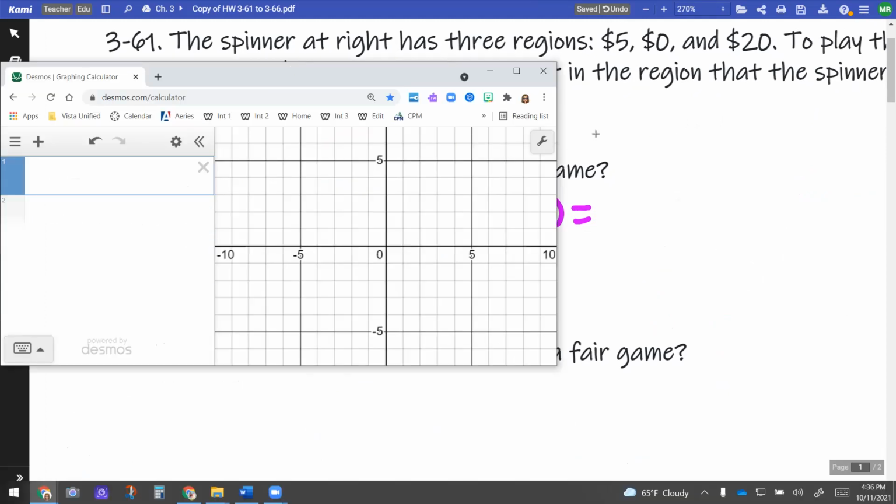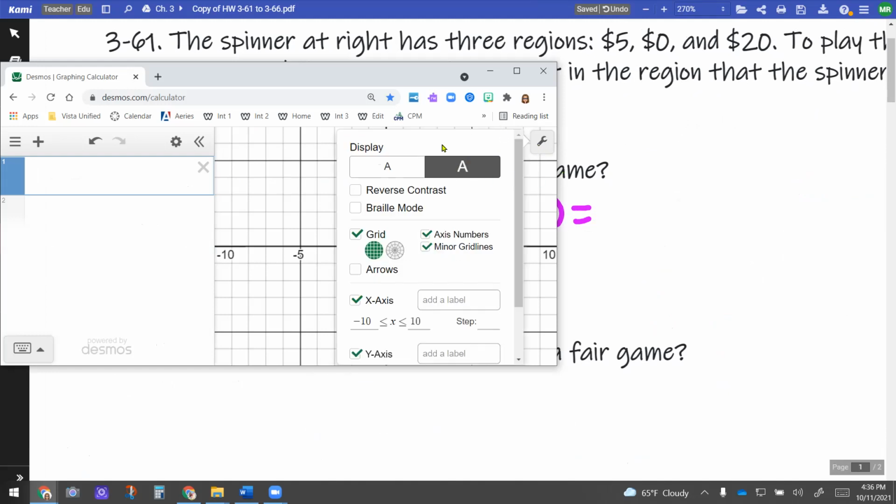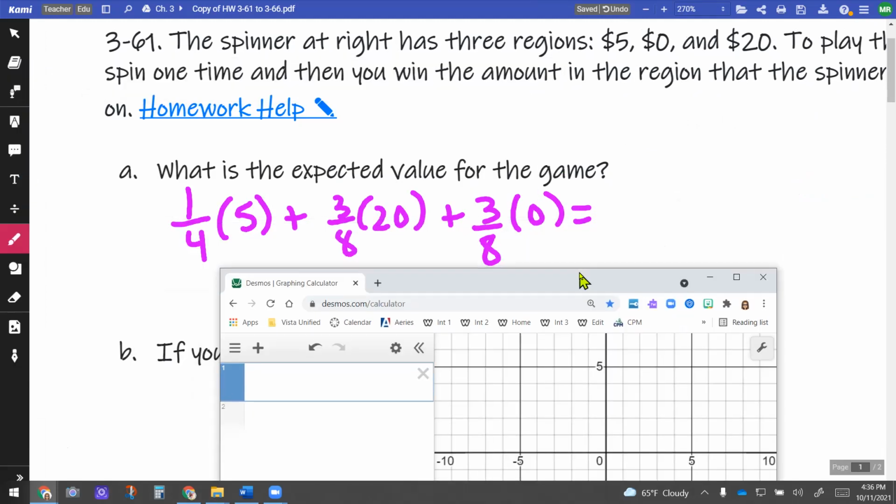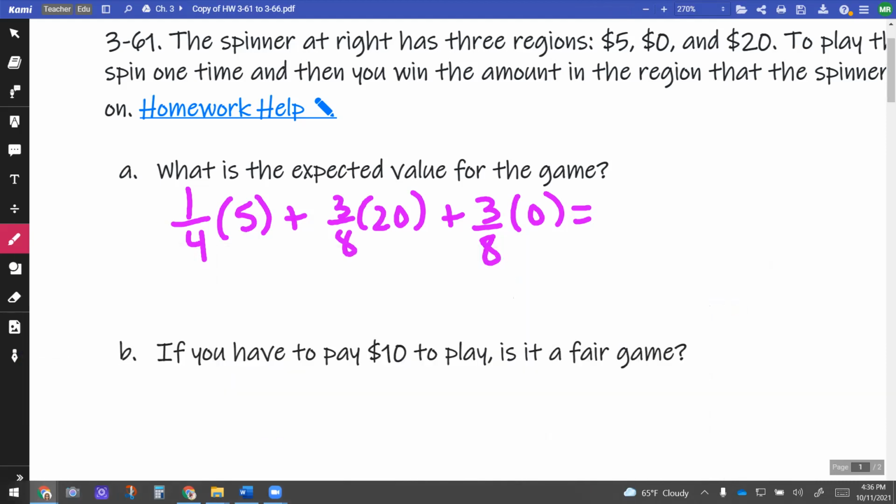Just get my calculator here. Okay. So I'm going to be taking 1/4 times 5 plus 3/8 times 20. I don't need to do the 3/8 times 0. So that's going to be $8.75.